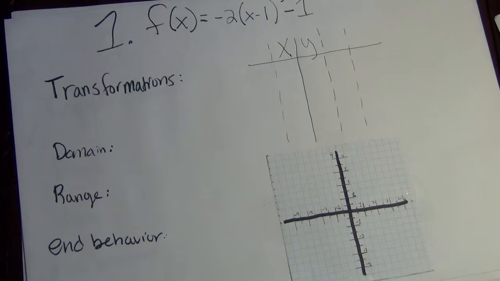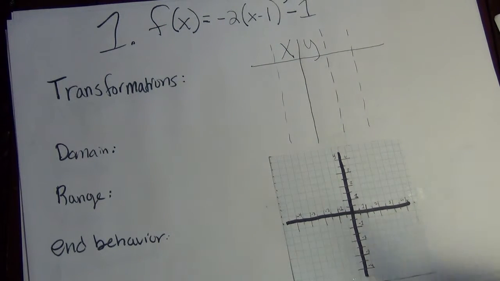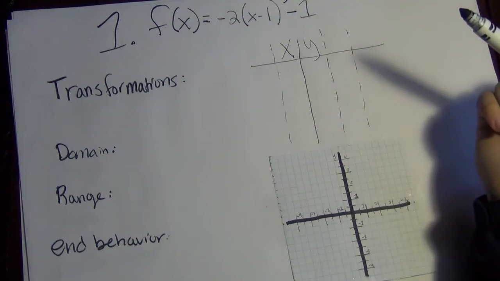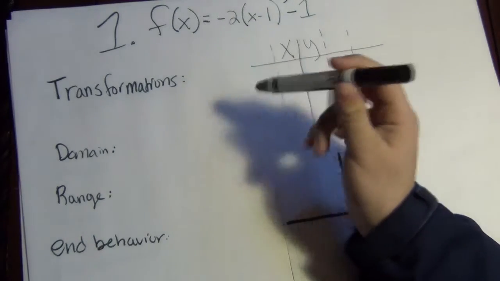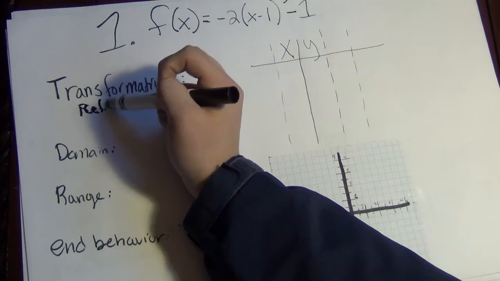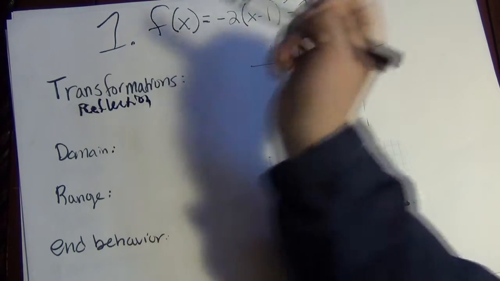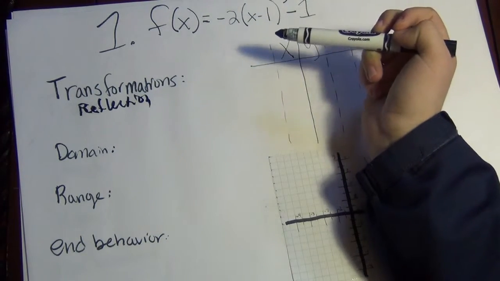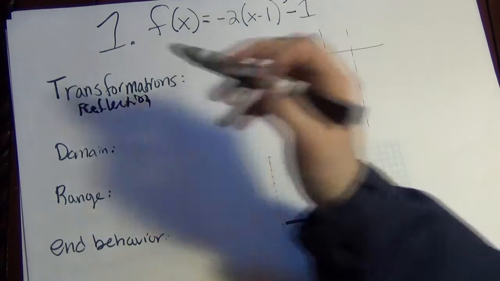Alright, and here for the first example, this is kind of simple, but first we're going to name out the transformations. For this one, you're reflecting over the y-axis because it's a negative 2 in the a. And then since it's a 2 in the a, you would be vertically stretching it by 2.